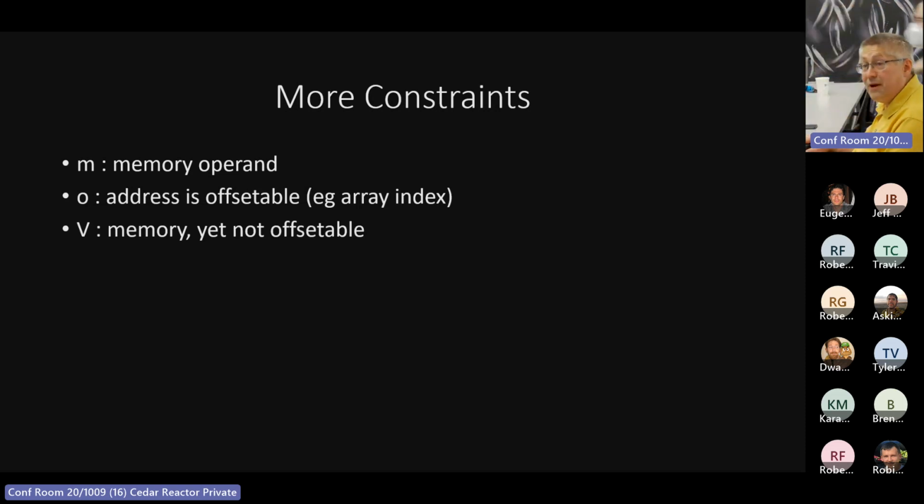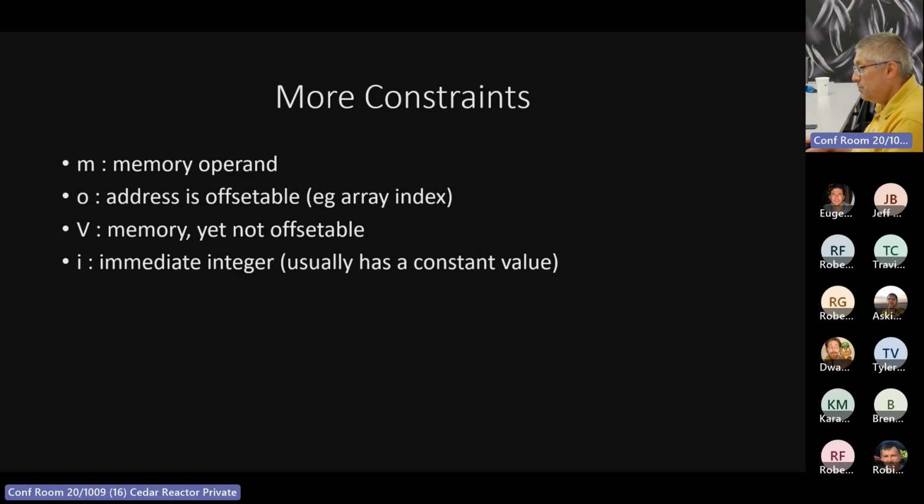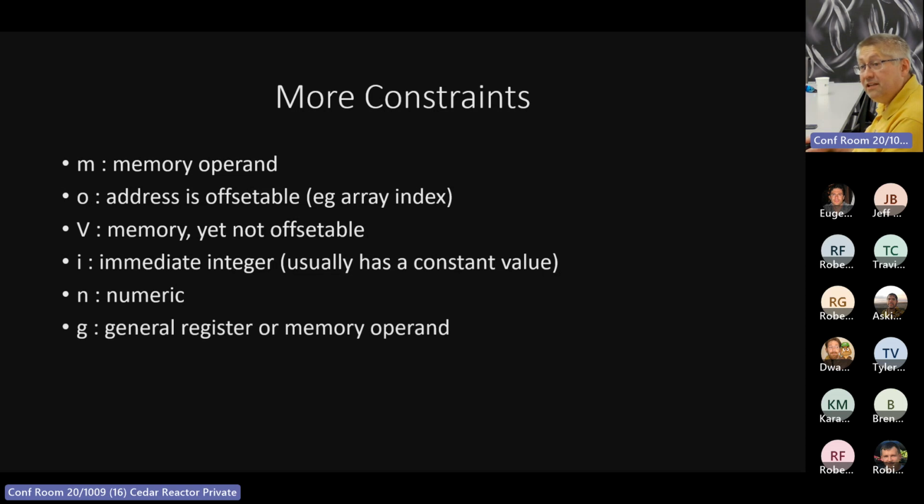V is also used for memory, but it is not offsetable, so it's therefore a pointer to a constant pointer, as an example. I is for an immediate integer, which usually has a constant value. N is a numeric value. And again, G is a general register or memory operand.